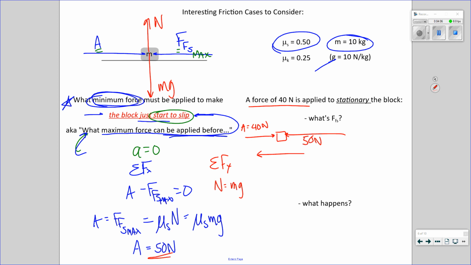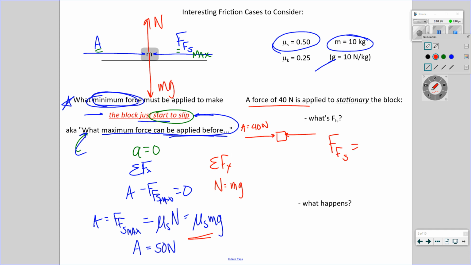It would accelerate to the left. But this object is stationary. Friction isn't going to make this object accelerate to the left. So friction in this case is only big enough to counteract the force that's applied. So this thing stays stationary, and the friction force is 40 newtons.